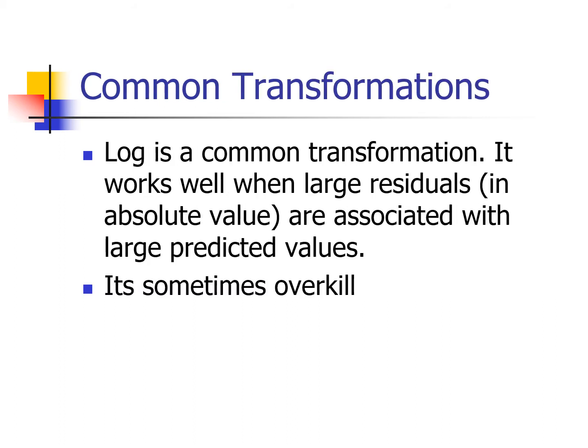Now, when I talk about transformations, what do I mean? Probably the most common transformation is the log, and when I say log, we usually mean the natural log. The natural log is a very common transformation. It works well when large residuals in absolute value are associated with large predicted values.